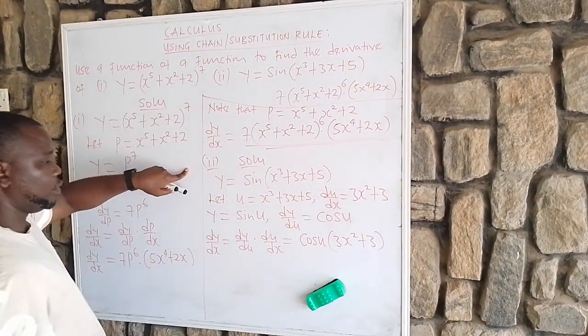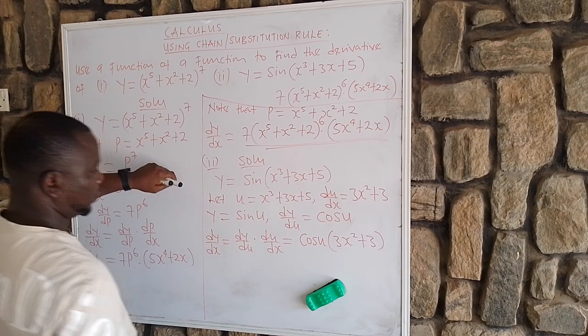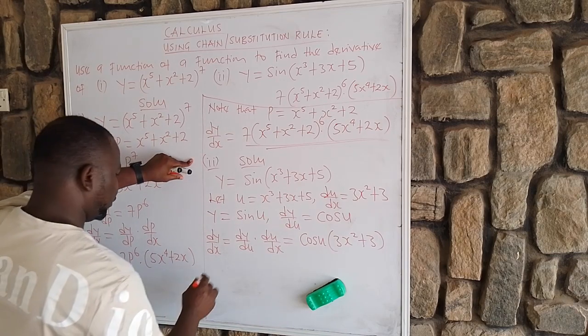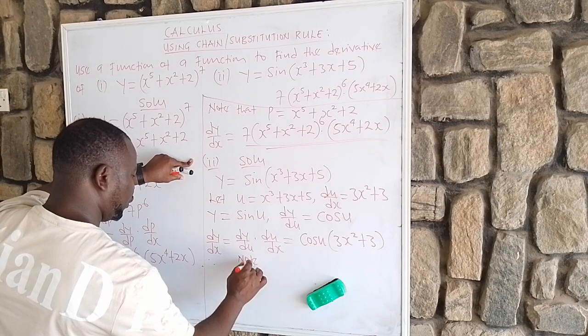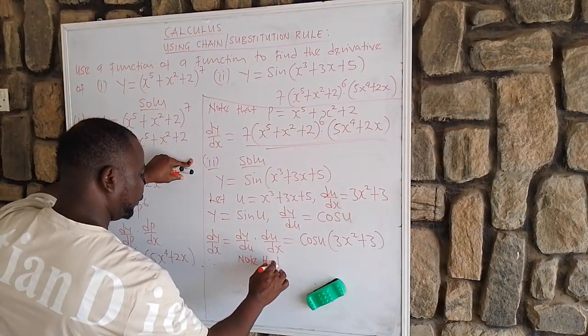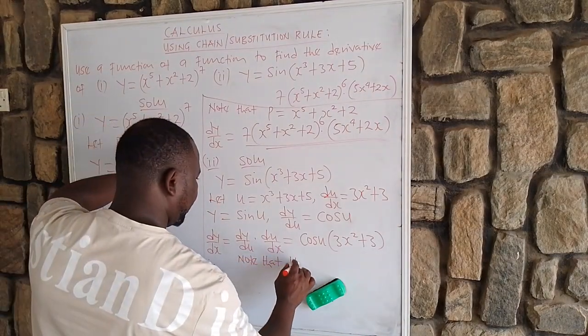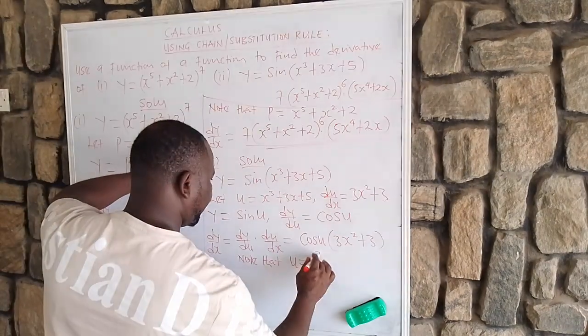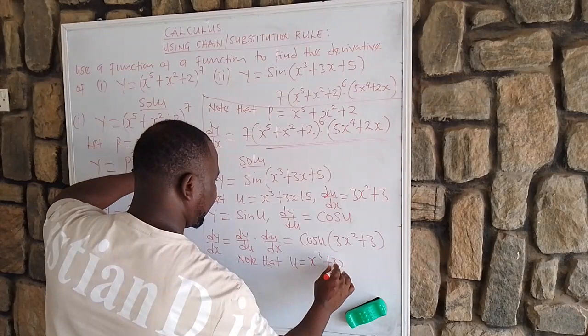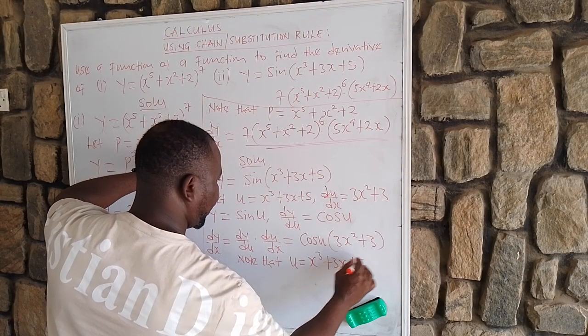Then our u is what? Equal to this. So far so good. Therefore for the final answer, note that u is equal to x raised to the power of 3 plus 3x plus 5.